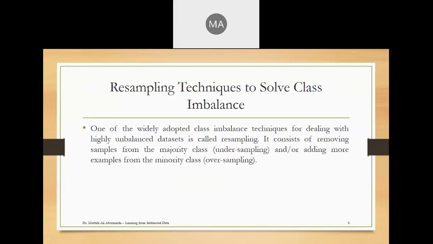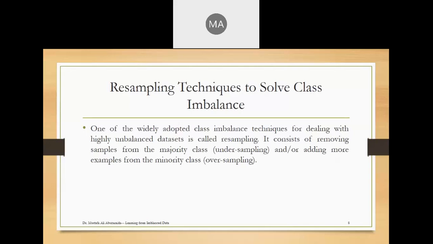It consists of removing samples from the majority class, which we call undersampling. The other type is oversampling, which is adding more examples to the minority class to increase its cases.